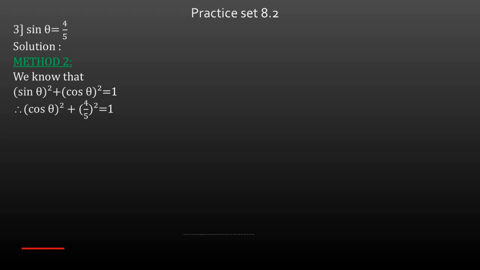I have just rearranged the sum and substituted the value of sine theta. So I get cos square theta plus 4 upon 5 square is equal to 1. Now this 4 upon 5 square I have taken on the right hand side of the equation. So I get, therefore, cos square theta is equal to 1 minus 4 upon 5 the whole square.